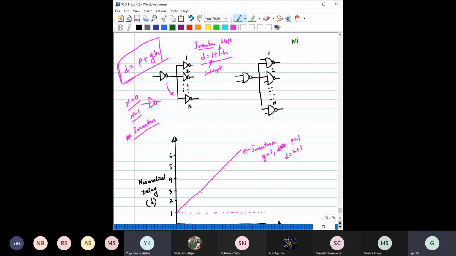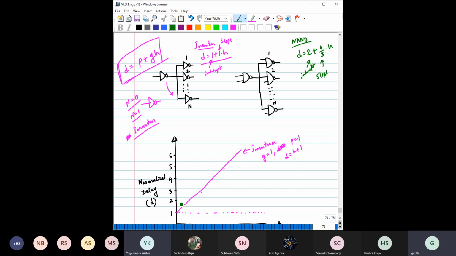Now it is the NAND gate. Right. So again, for the NAND gate, this same equation will become, what is the parasitic delay for a 2-input NAND? It is 2, right? What is the G value for the NAND gate? It is 4 by 3, right? Into H. So 4 by 3 is the slope and this is the intercept, right?